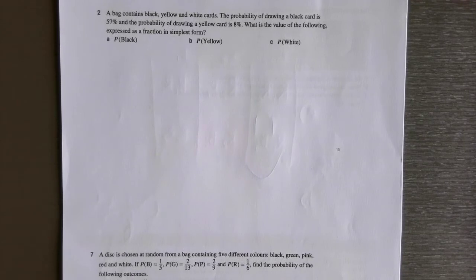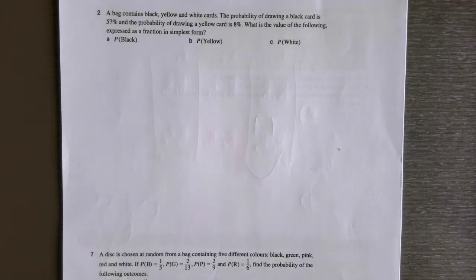Our next question is talking about a bag containing black, yellow, and white cards. So what we know is the probability of drawing a black card is 57%, the probability of drawing a yellow card is 8%, and we are asked to find the value of the following expressed as a fraction.